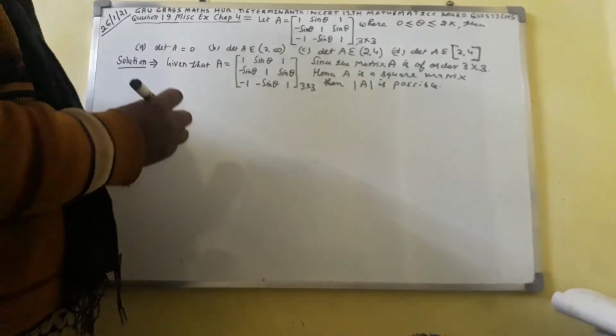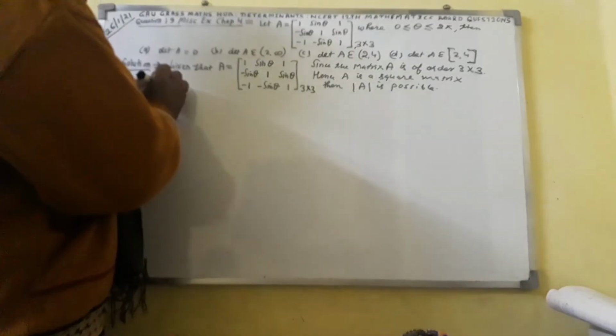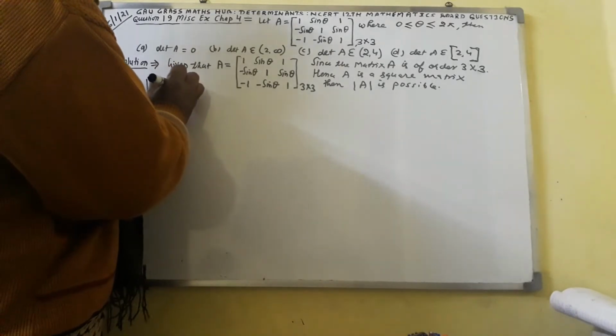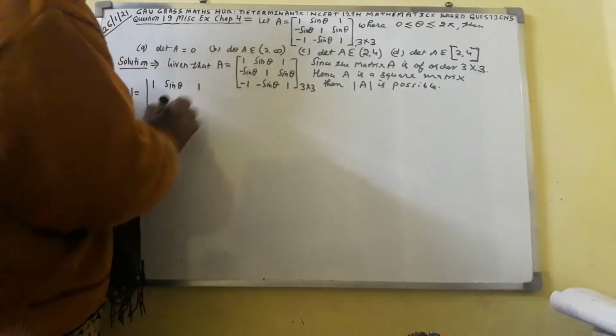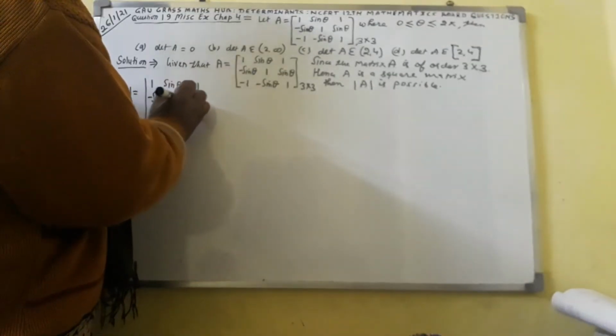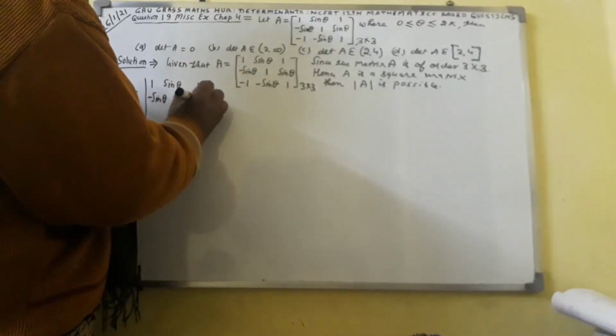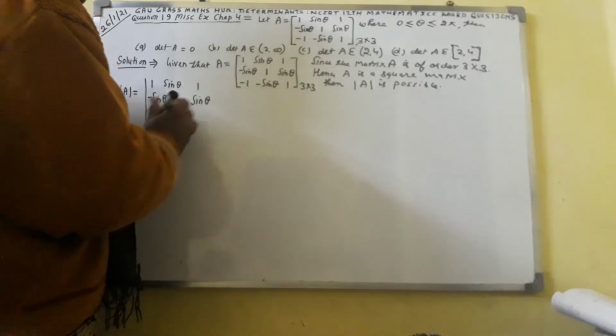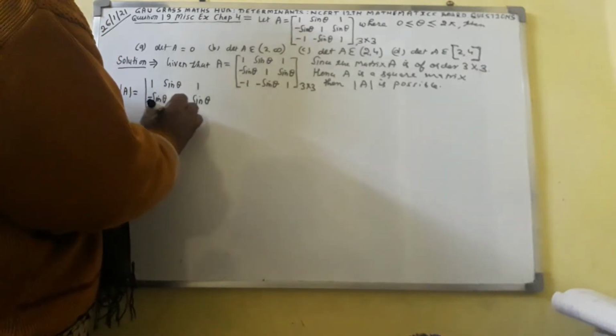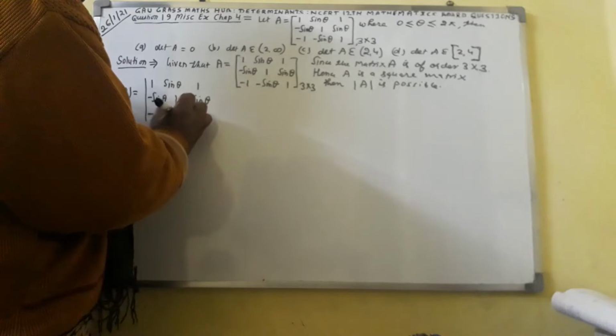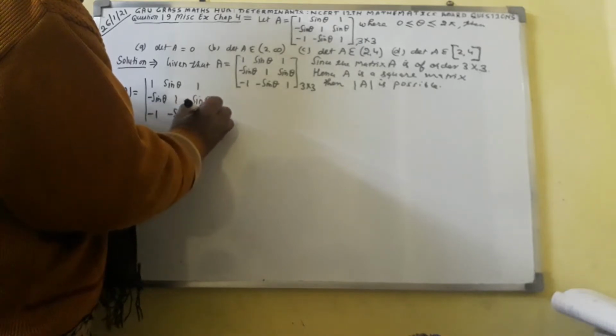So here I shall write determinant of matrix A equal to det, elements of first row 1, sin theta, 1; minus sin theta, 1, sin theta; minus 1, minus sin theta, 1.